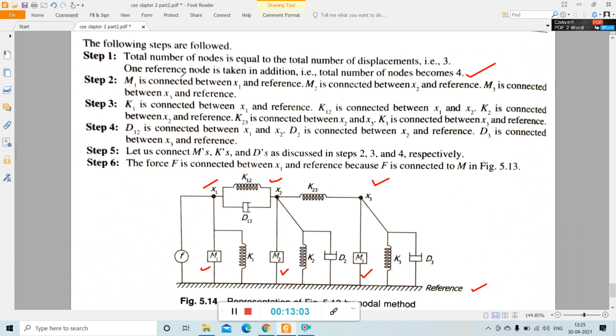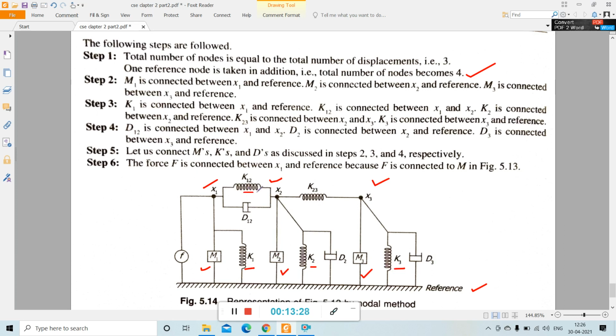Next come to K. K1 is connected between x1 and reference. K2 is connected between x2 and reference. K3 is connected between x3 and reference.